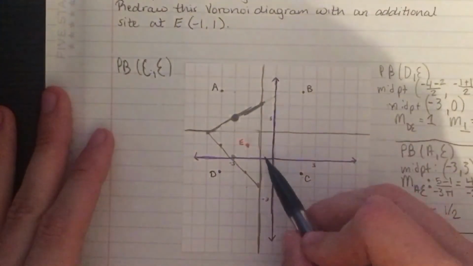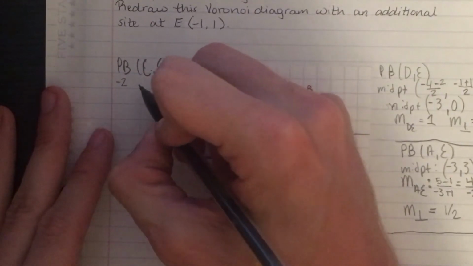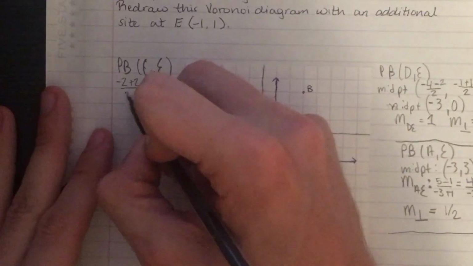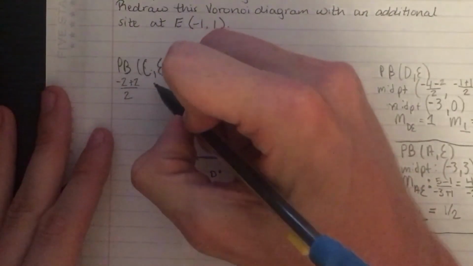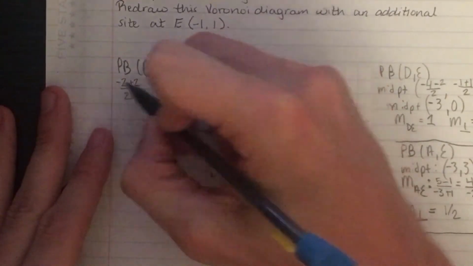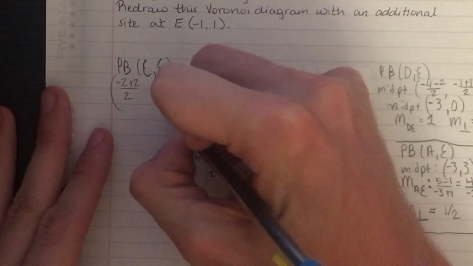We're going to do -2 plus 2 over 2. We're going to do 1 plus -1 over 2. Oh, I'm going into the tape. Dang it. It's so hard for me to see it.